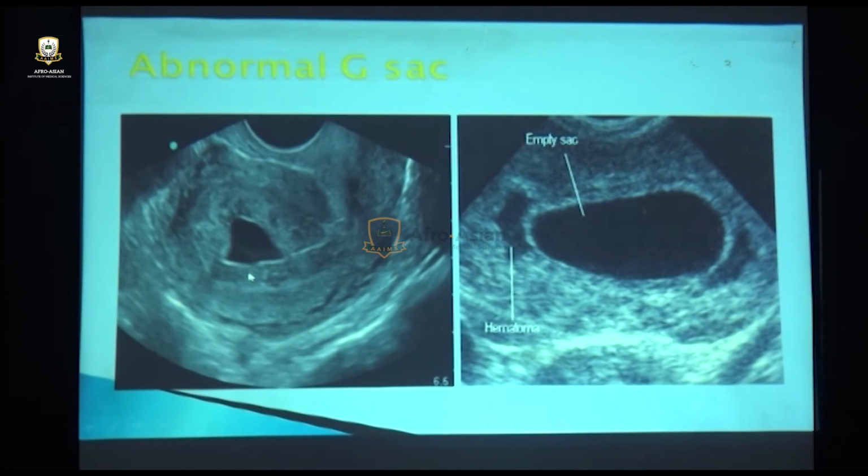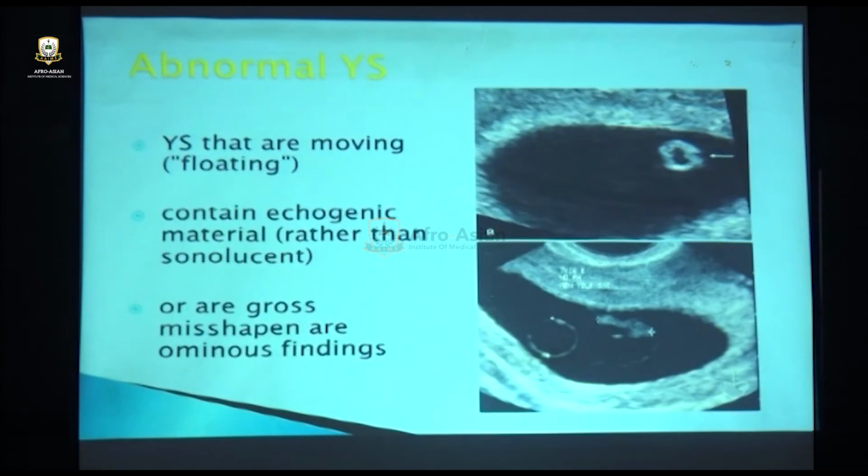This may not reach the full maturity. On the contrary, sac on the right side, if you see, there is blood around it. So this is subchorionic bleed. And this is also an indication कि अगर ये यहाँ रुक गया तो चल जाएगा काम, और अगर ये बढ़ता गया तो फिर it's not going to survive.